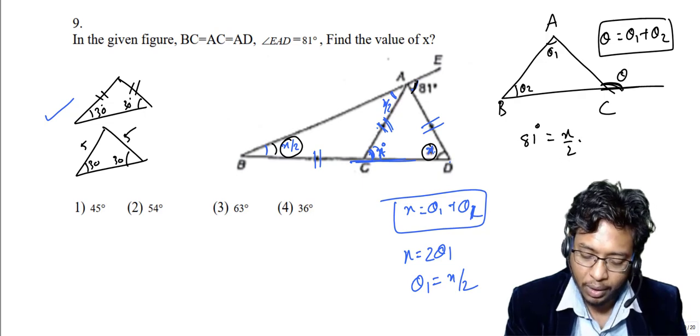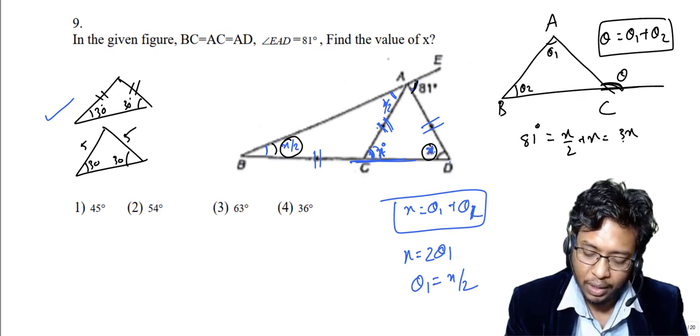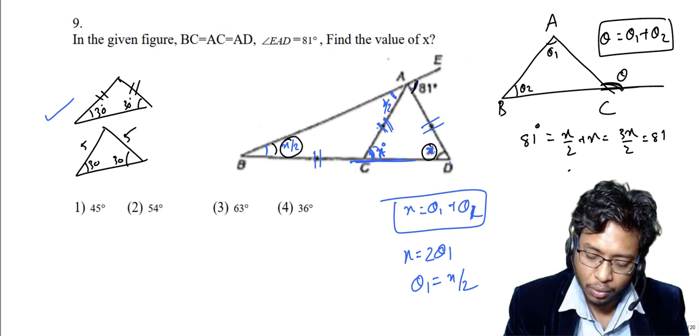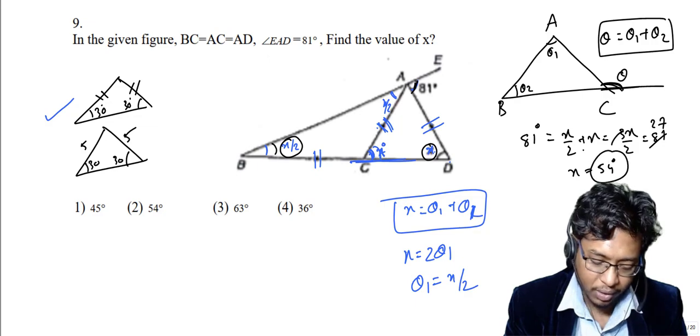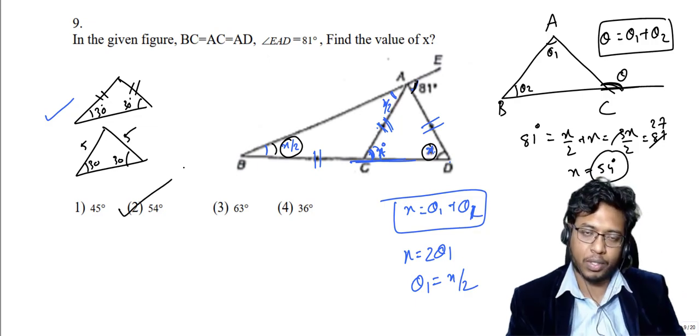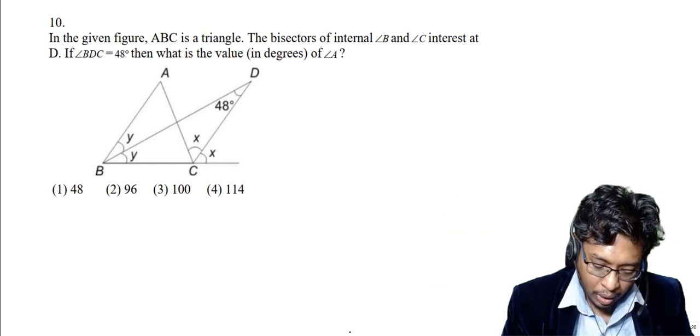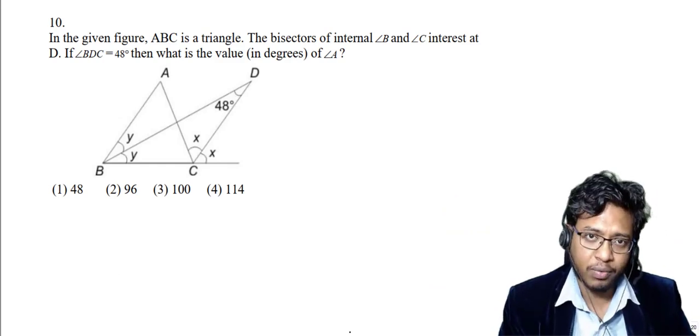So 3x by 2 is equal to 81. So x will be equal to, this goes 27 times, so x will be equal to 54 degrees. That's it. So your answer is 54 for this question. Okay. Now, the last question for this video.